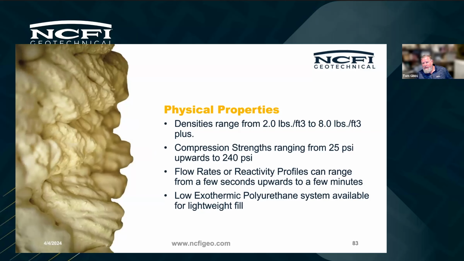Compression strength ranging from 25 psi upwards to 240 psi. Again, we are not replacing concrete here. We're replacing the subgrade. Flow rates or reactivity profiles can range from a few seconds upward to several minutes. Low exothermic polyurethane systems available for lightweight fill.